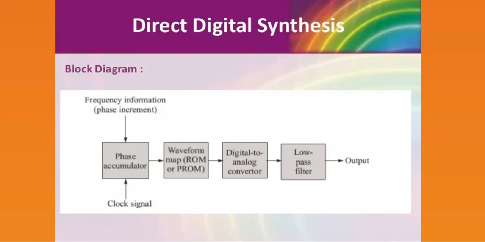But with this process, it doesn't have to be a sine wave. I can put any waveform in that table, and I can produce a square wave, a sine, sawtooth, a triangle, trapezoid, anything I want.